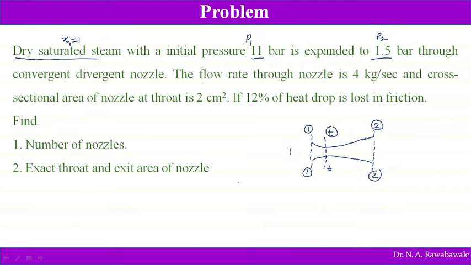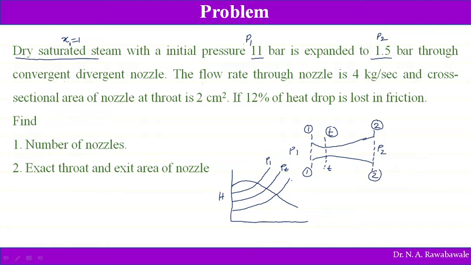Now pressure P1 is given, pressure P2 is given, and the condition of steam when it enters the nozzle is dry saturated. If we want to show it on the h-s chart, this is the dry saturation curve, and these are the pressure curves P1, PT and P2: the curve for pressure P1, the curve for throat pressure PT, and the curve for exit pressure.